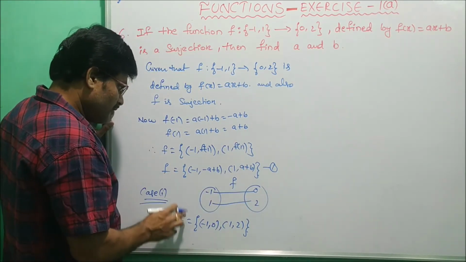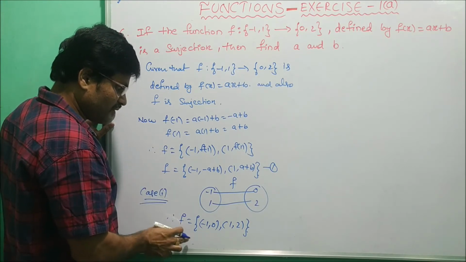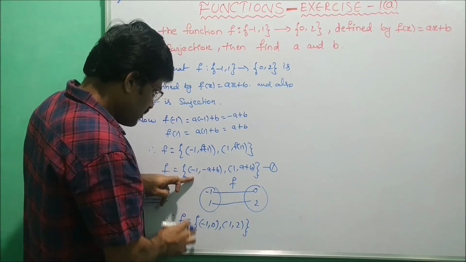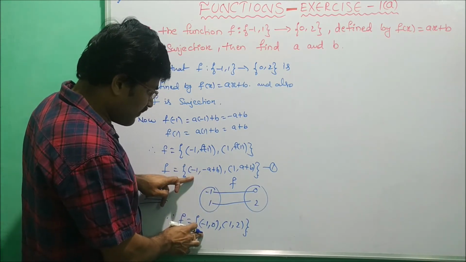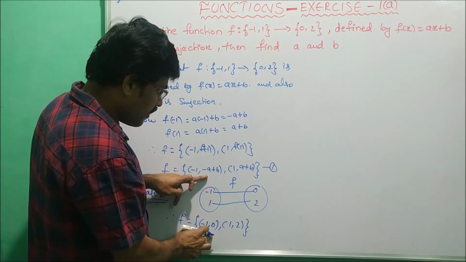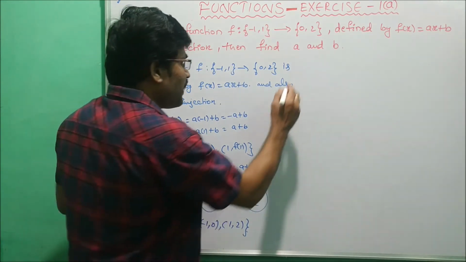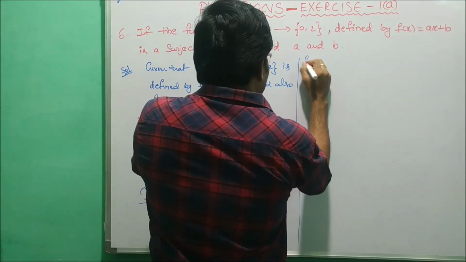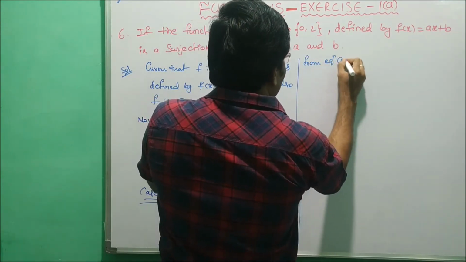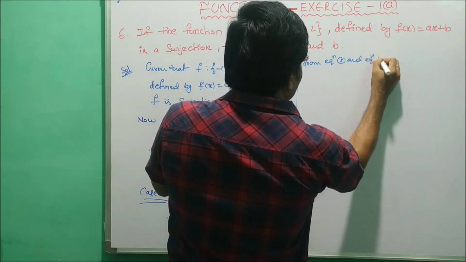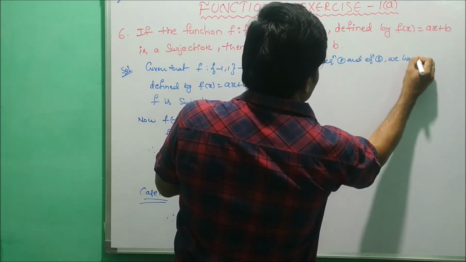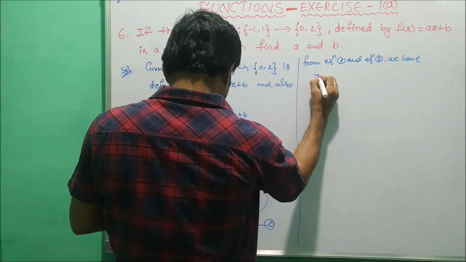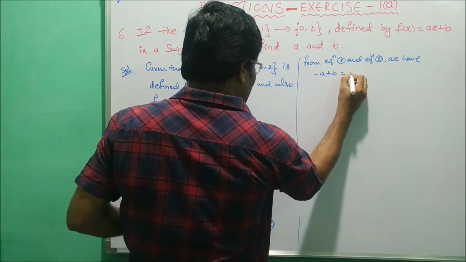Now equating these two functions, here we have to observe the ordered pairs. First components are already equal, so the second components must also be equal. Now equating the second components from equation 1 and equation 2, we have minus a plus b equals to 0.